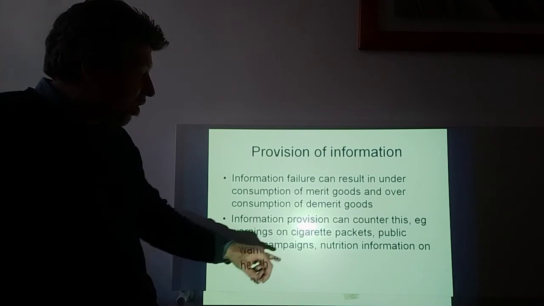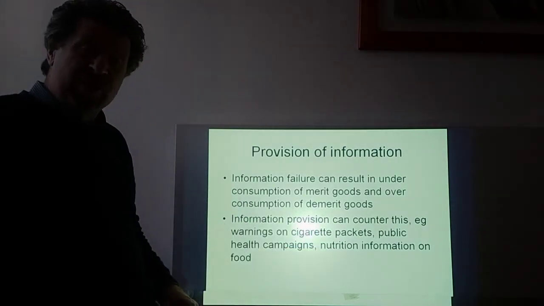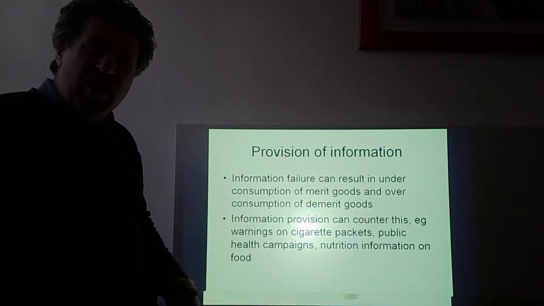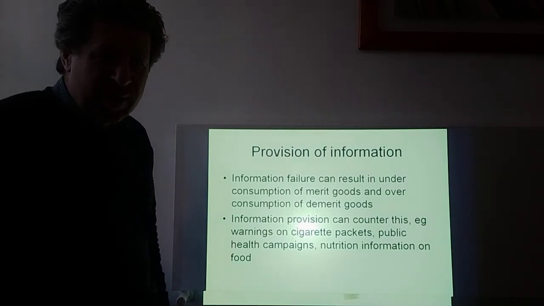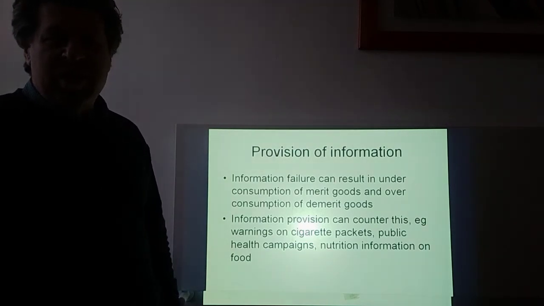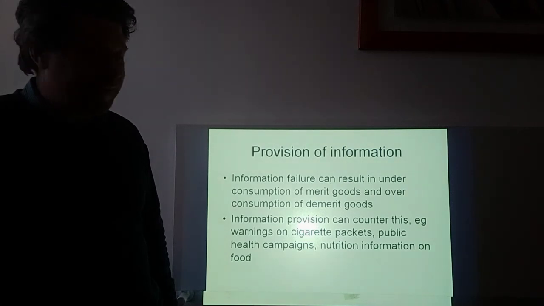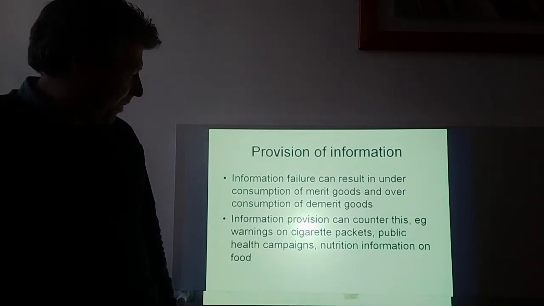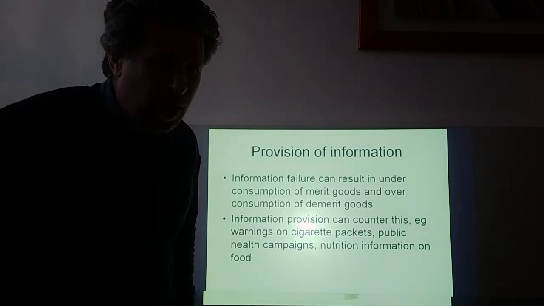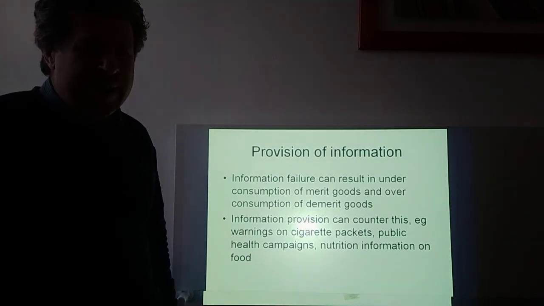Public health campaigns, nutrition information on food, this is all a way of getting the information out there, so people will buy more or buy less according to the information given. So that is a way of resolving that information failure.